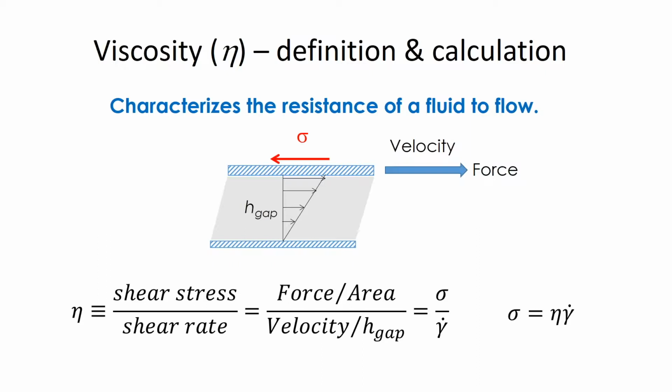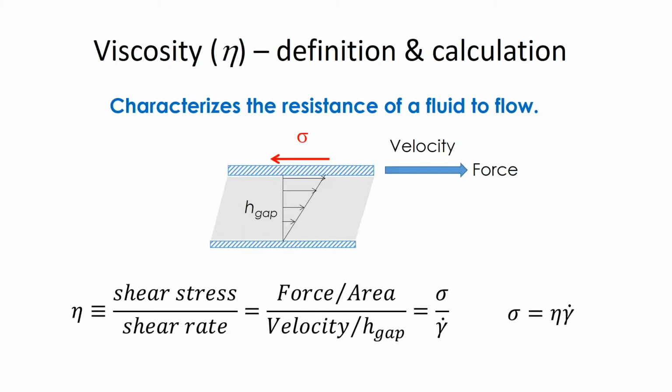Viscosity is just defined as the ratio of shear stress to shear rate. Shear stress is just the force that it takes to drag this upper plate at a particular velocity divided by the area of the plate in contact with the fluid. This is defined as shear stress. And the shear rate is the velocity at which you're dragging this plate divided by the gap distance where the fluid fills. So it's a defined ratio that we then calculate.